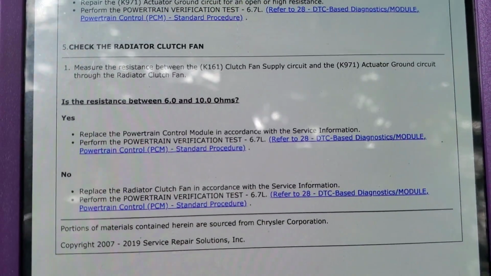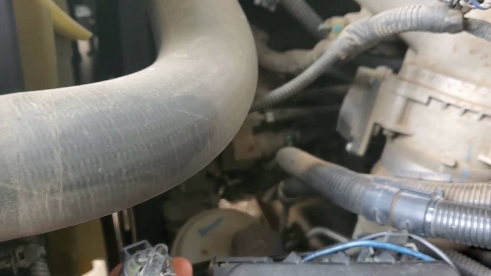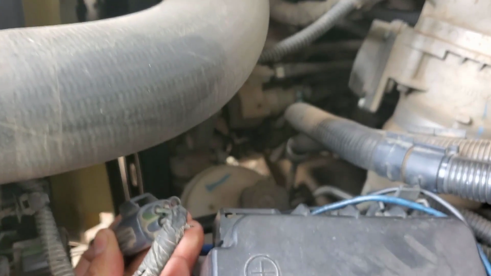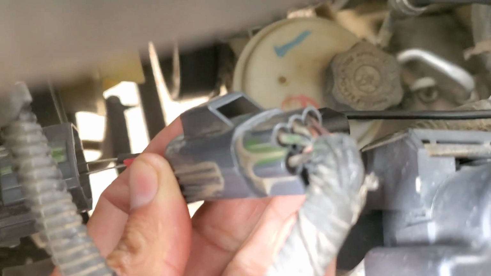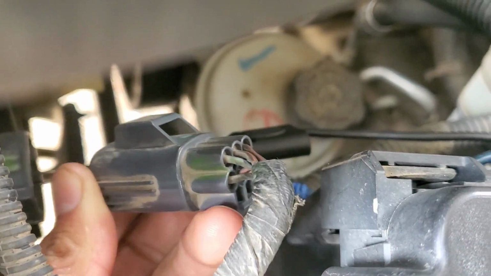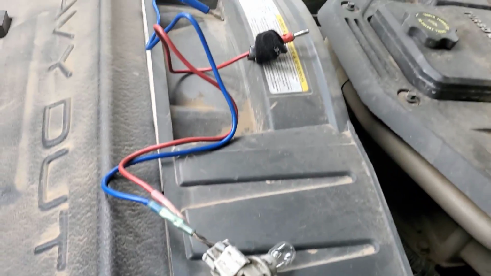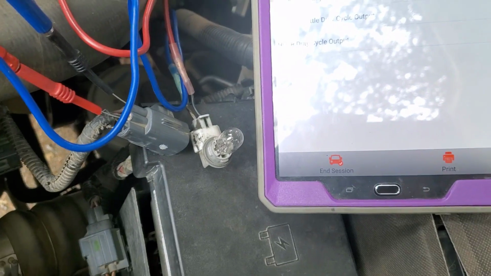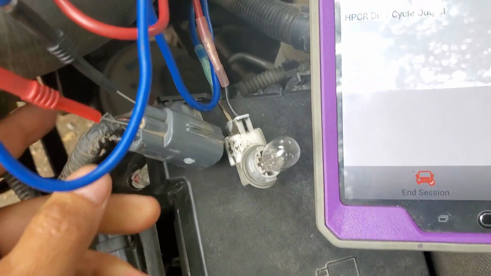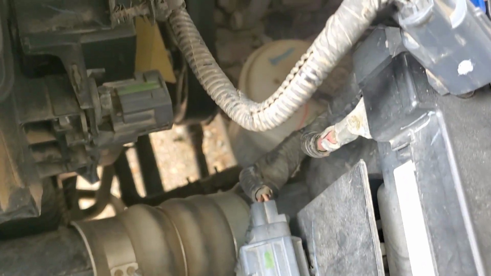So we're gonna test now bidirectional control and test those same pins but at the other end here, and verify if the computer is sending the command. Gonna use this test light and activate it through bidirectional control. Okay, so we have the connection here. Disconnected that one from the cooling fan.